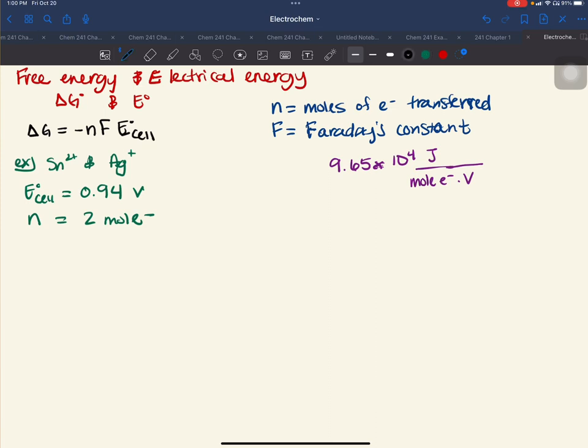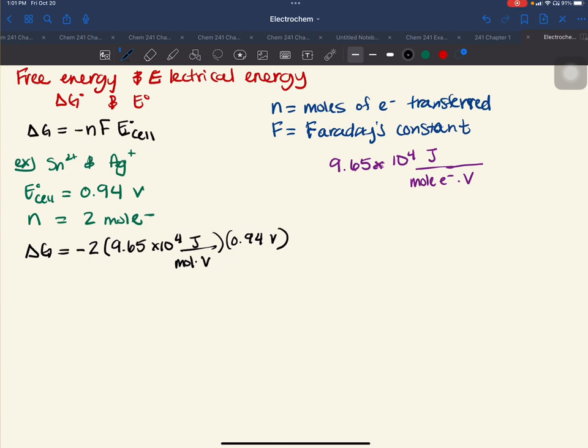So I can calculate delta G. We'd get negative 2, put it in for N, times Faraday's constant, times our 0.94 volts. And when you do that calculation, it will give you delta G for this process.